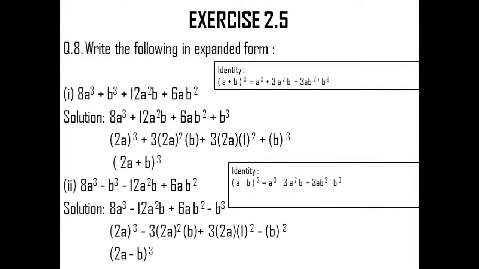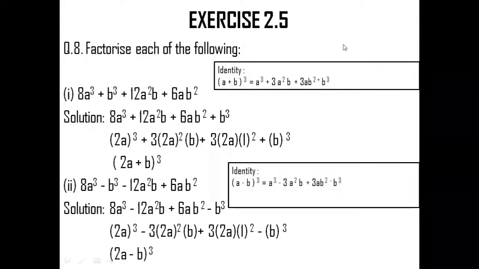The first question is 8a cube plus b cube plus 12a square b plus 6ab square. Now, how many terms are there? 4 terms. We have been asked to factorize it further, isn't it? So, what we shall do over here is, let us first identify the identity it resembles.